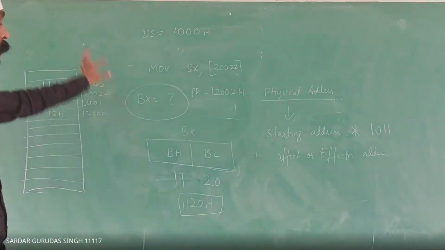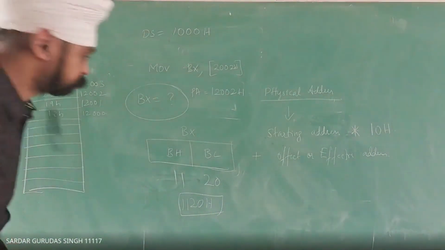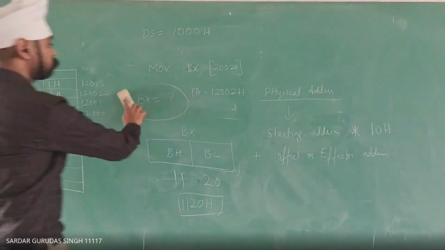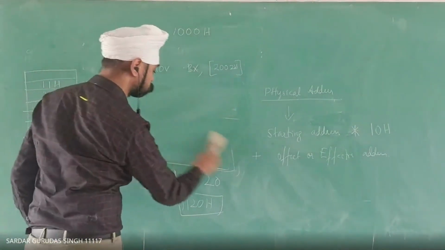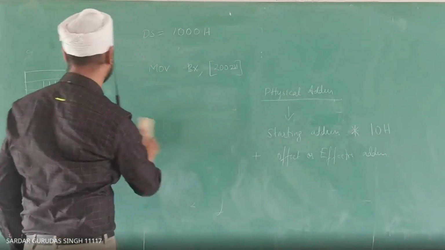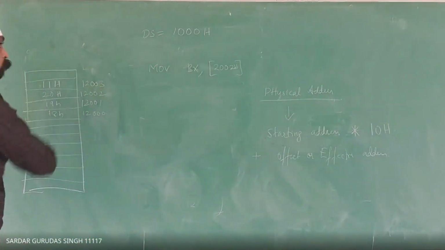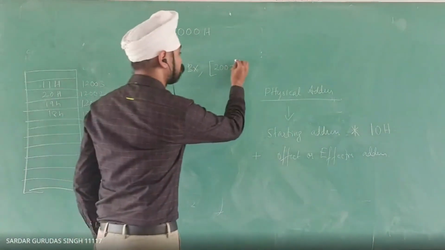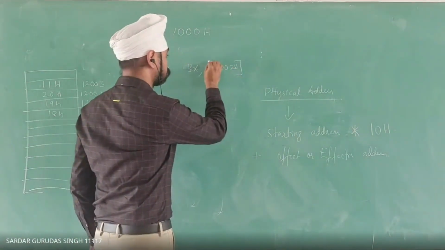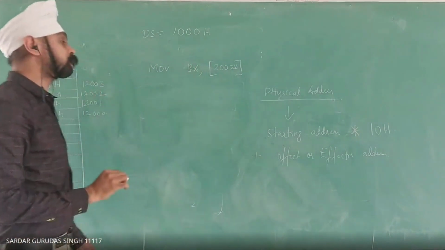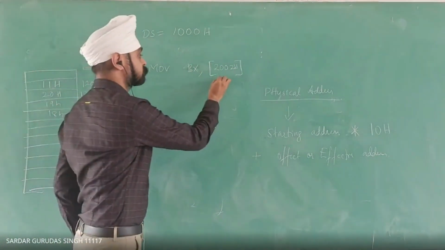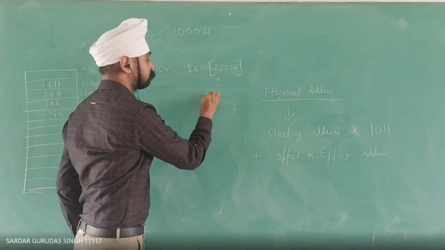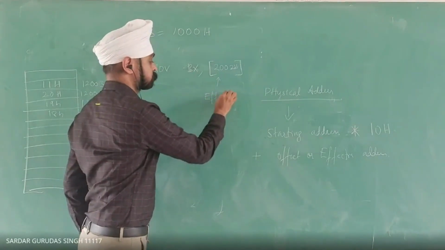1120H. Okay. So now if you see this, with the help of direct addressing mode, you are able to access your memory. So if square brackets are there, it means that it is considered as effective address.